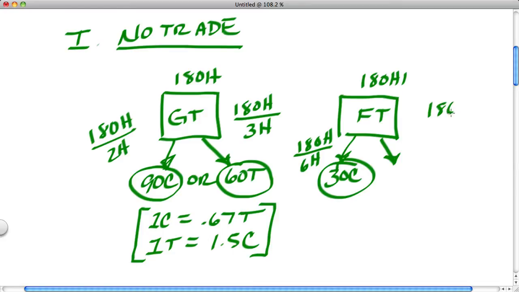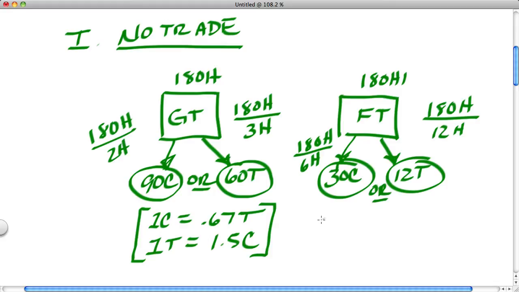If the 180 hours are devoted to tomatoes, at 12 hours per tomato, Fivethumbs could produce 12 tomatoes. So it's 30 corn or 12 tomatoes or some combination in between. Again, we see these internal exchange rates or opportunity costs: 1C equals 0.40 T, or 1T equals 2.5 C.